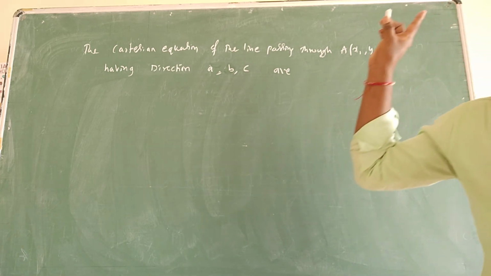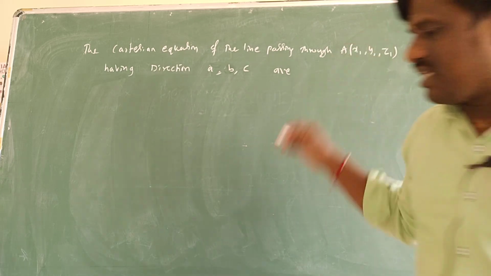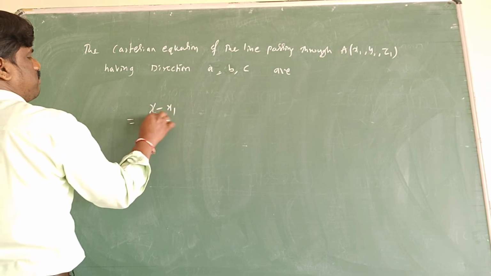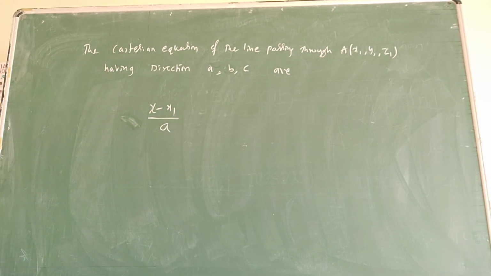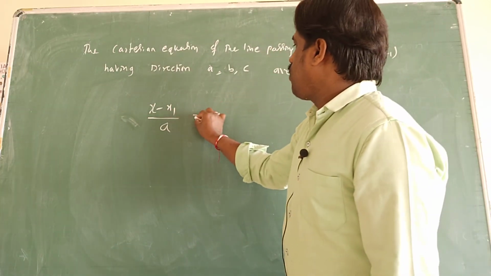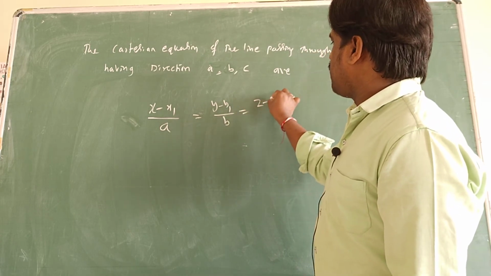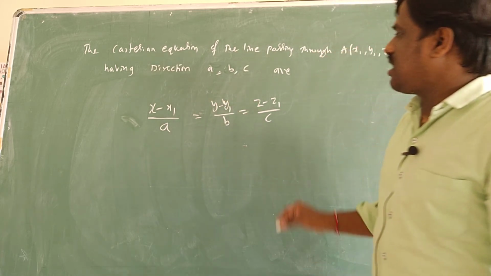Then the equation of the line is, remember, when this type is given, the formula is x minus x1 by a is equal to y minus y1 by b is equal to z minus z1 by c. This is called the line equation in Cartesian form.